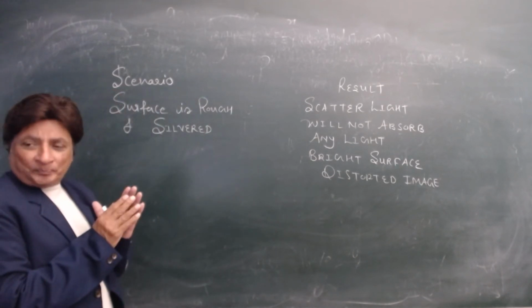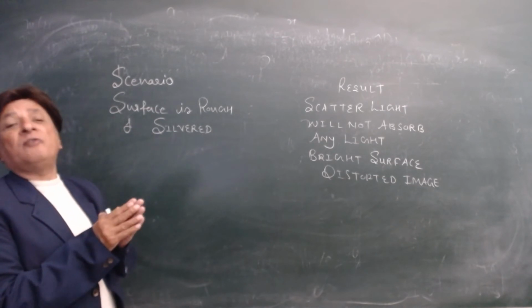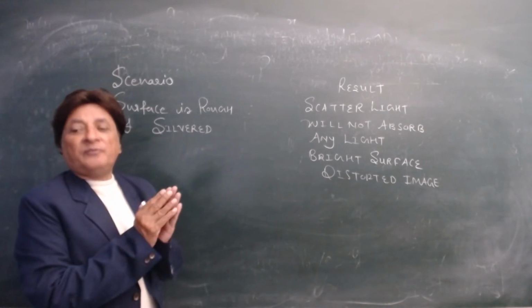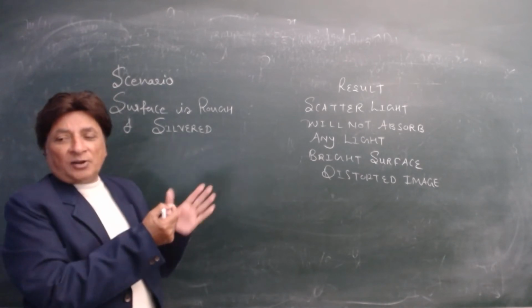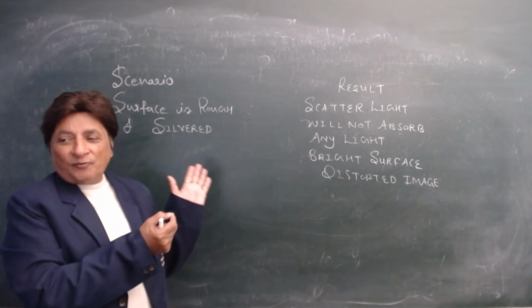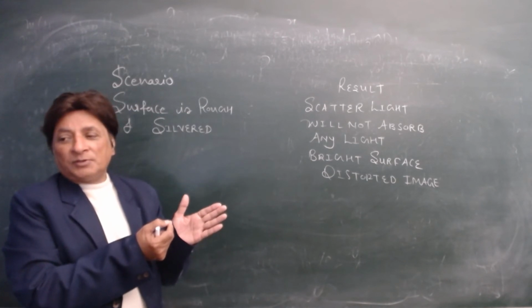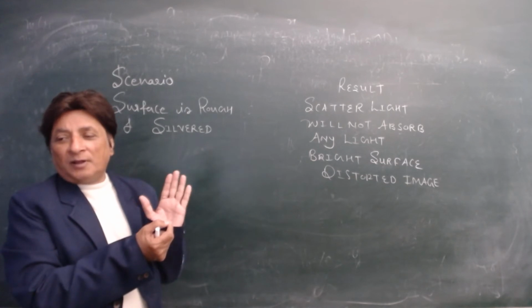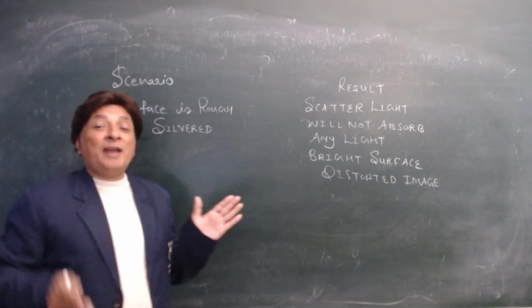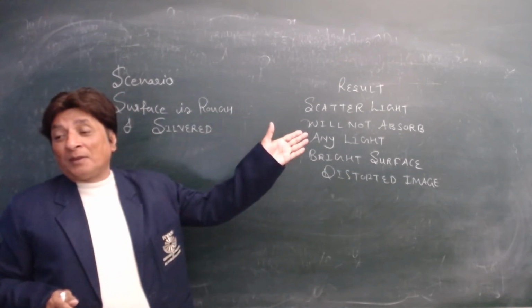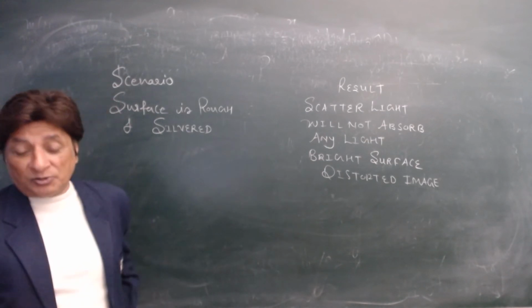What is the scenario? Surface is rough and silvered. Light is incident on it. Then what happens? It will scatter. It will not absorb any light. Bright surface but distorted image.